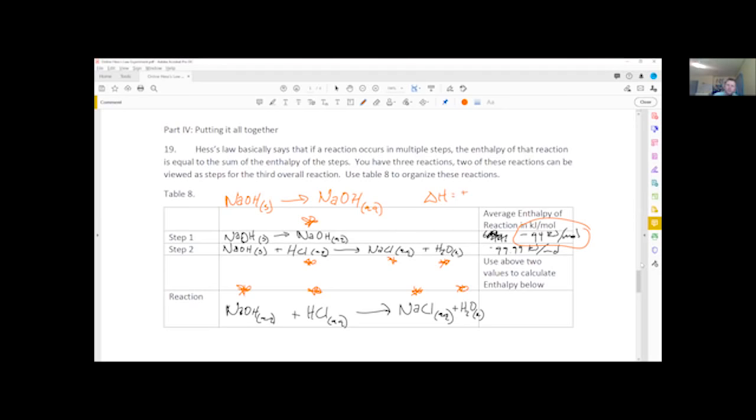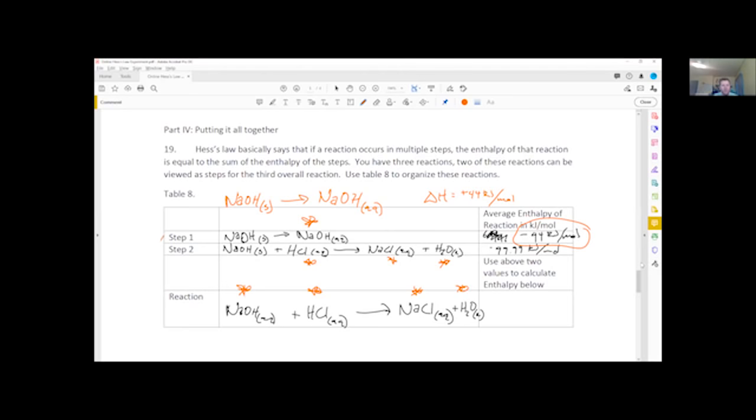It's positive 44 kilojoules per mole. So what we did there was we said, well, solid sodium hydroxide, we see that as a reactant in both steps 1 and 2.